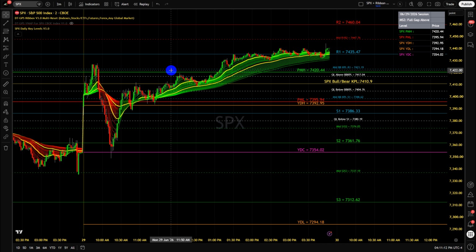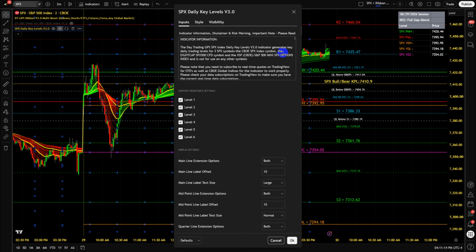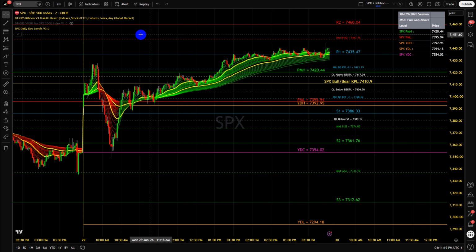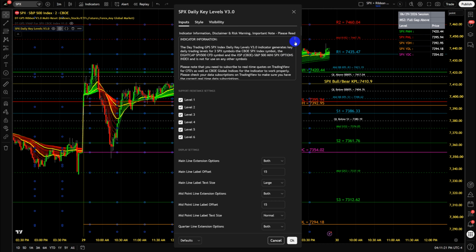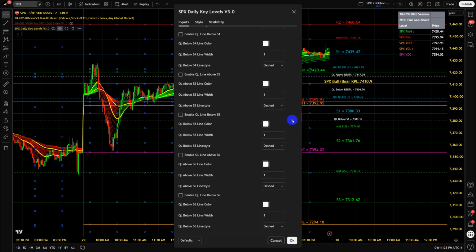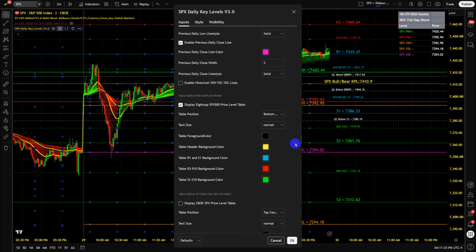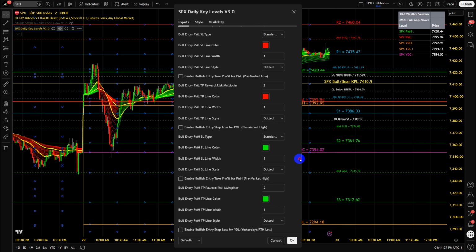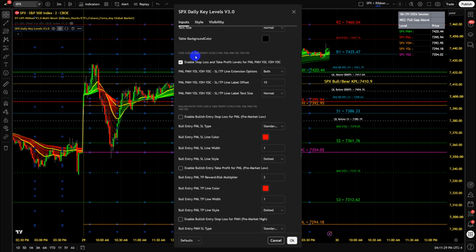If you're going to use the PML or YDH with this indicator, you simply go into the user control panel, go down to the contextual level trading section, stop loss and take profit levels for PML, PMH, YDL, YDH, and YDC.